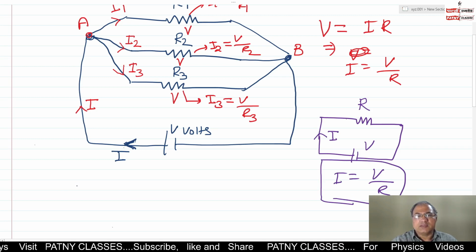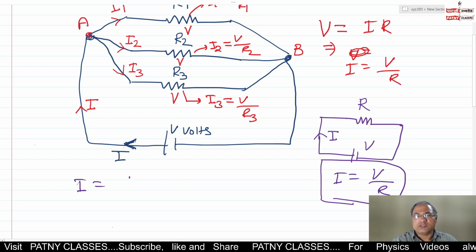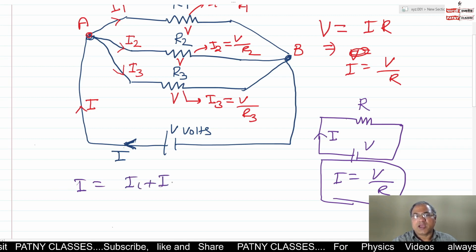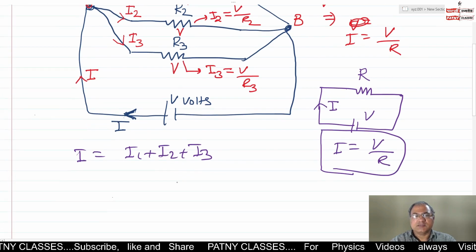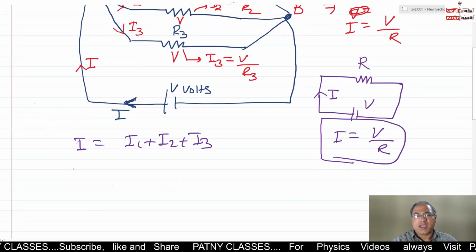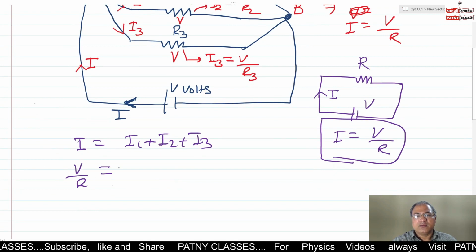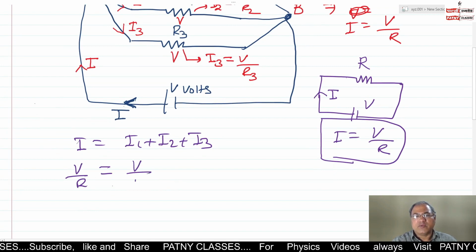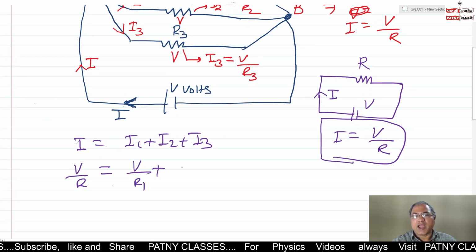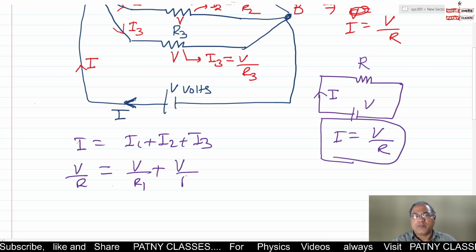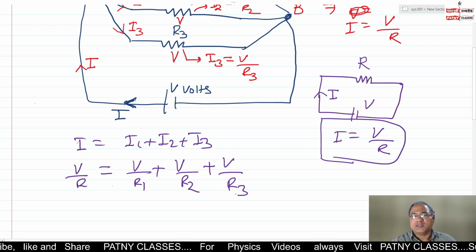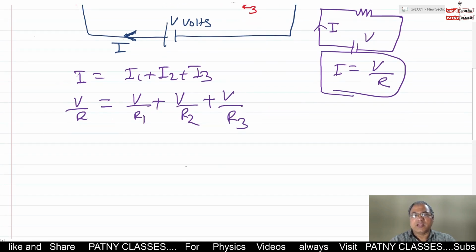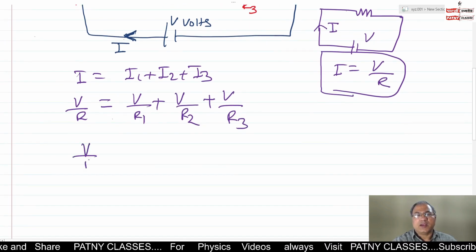Now we have the relation I equals I1 plus I2 plus I3. So we can replace I by V upon R. We can replace I1 by V upon R1, I2 by V upon R2, and I3 by V upon R3. So we get V upon R equals V upon R1 plus V upon R2 plus V upon R3.